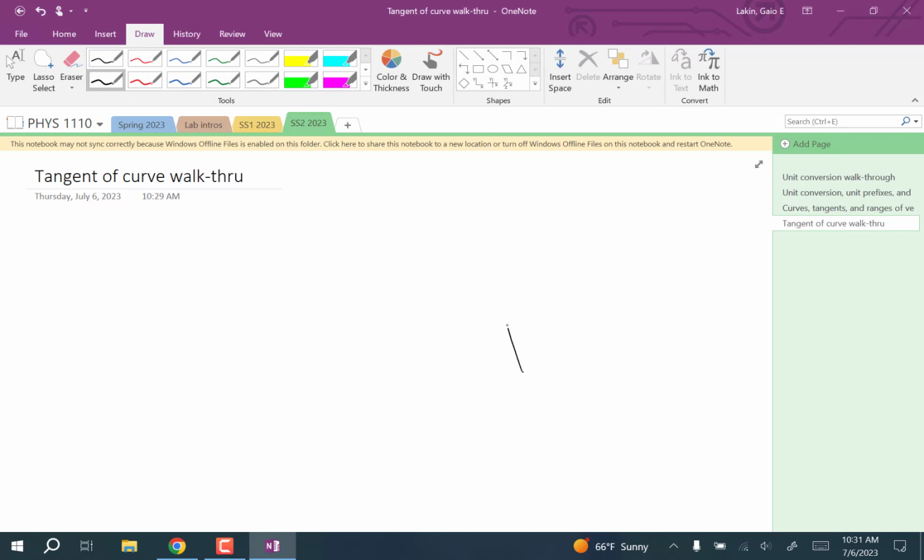So, a problem like this, you'd have a curve that would do whatever, okay? And you'd have some point selected. Let's say this is the point that we're interested in.